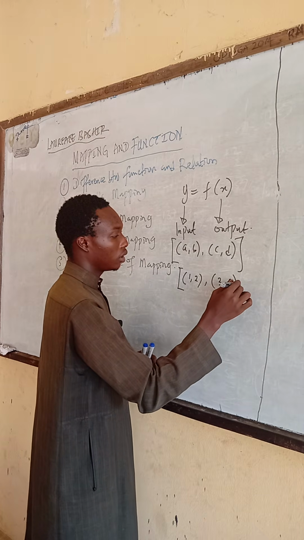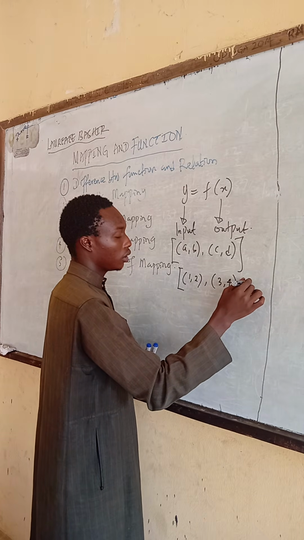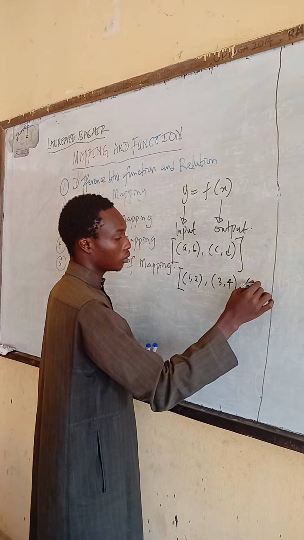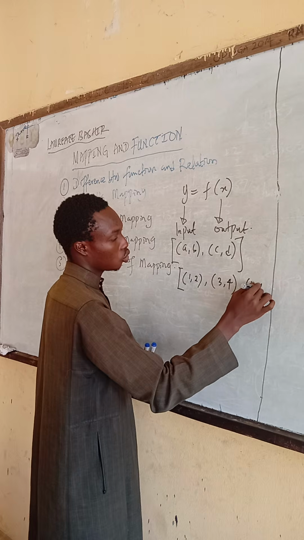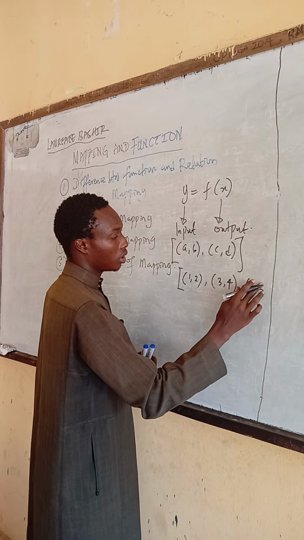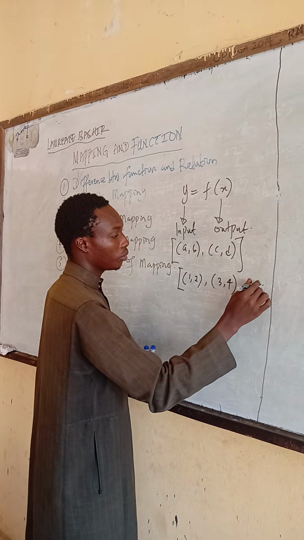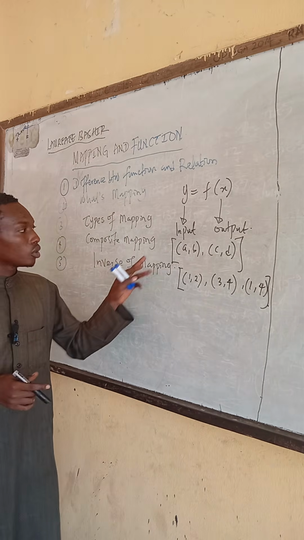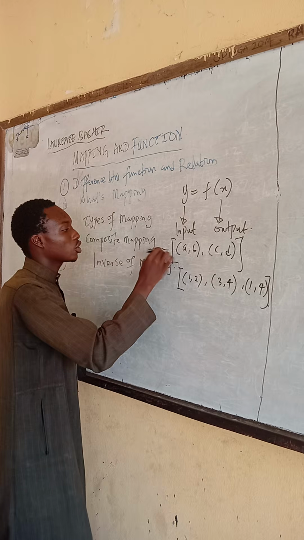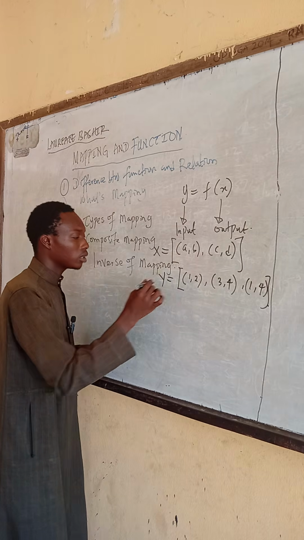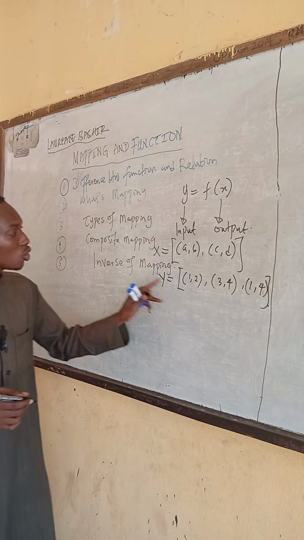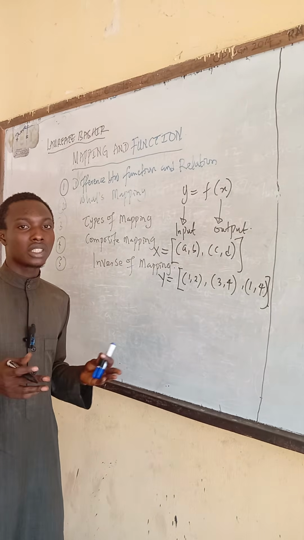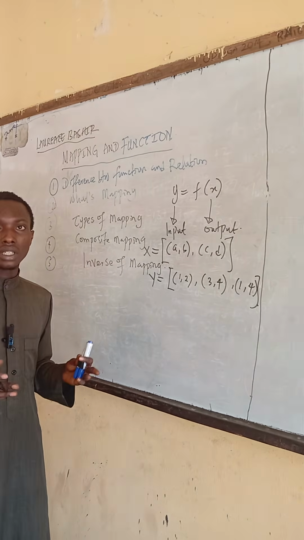Then I have 1, 4. Let's consider these two things. Let's call this one set x and this one set y. I want to use these two to differentiate between what we mean by expression, function and relation.